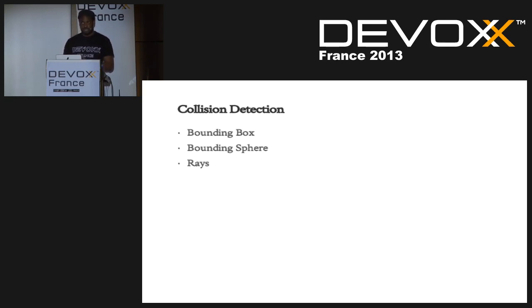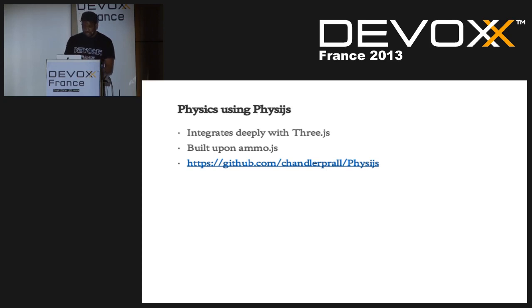So you can definitely wire up your own if you're doing a smallish game, or you can use something like this, Physijs, which is a library for Three.js that integrates very deeply with the core package, and you can wire up a scene for animation, for physics, with like 5 to 6 lines of code. And for the C++ geeks, it's built on top of Ammo.js, which is a port of Bullet SDK from C and C++.